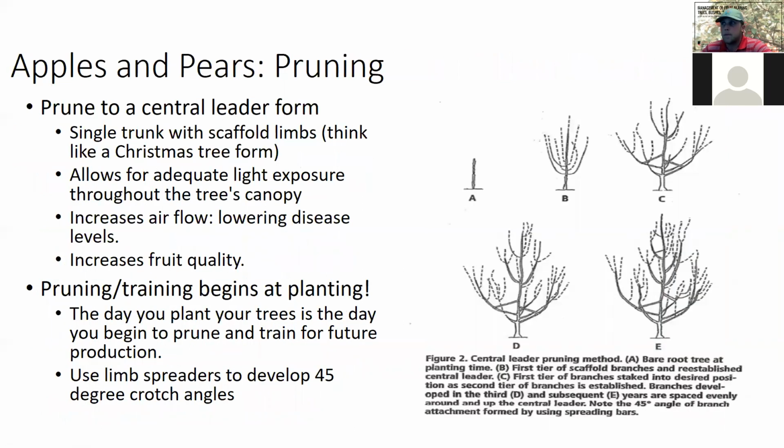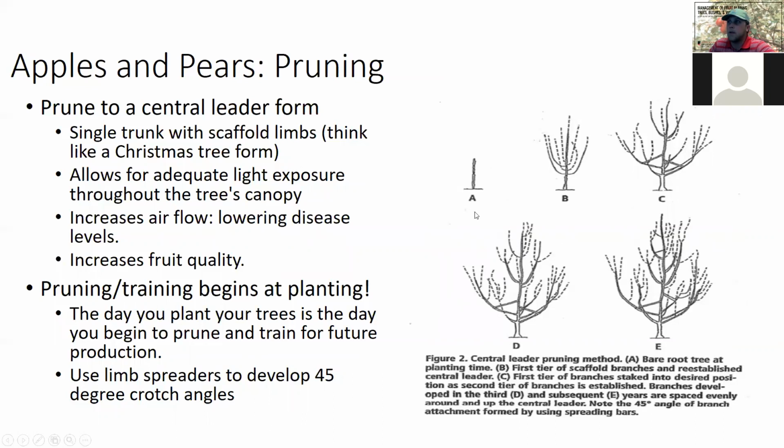So pruning, this is another one that I get a lot of questions about, or it's too late. I shouldn't say too late. You can always correct them, but it helps if you start right when you're planting apple trees. So the thing is, you're going to want to try to prune to a central leader. And what that means is at planting, all you want to have is a whip.